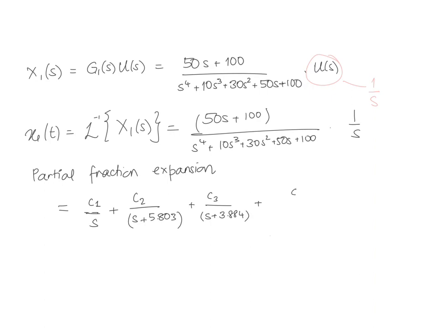And then I have the second order mode, s squared plus 0.3116 s plus 4.4343.